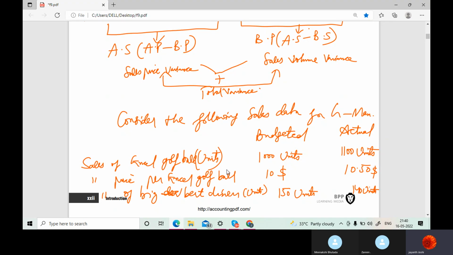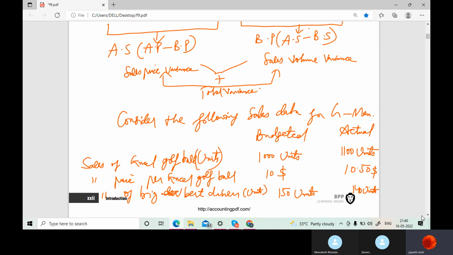So you have to do both the things, for Excel golf balls and also Big Bird drivers. These are two different companies actually, and for both of them you have to find out the variances. I have not explained mix variances yet, so I understand.